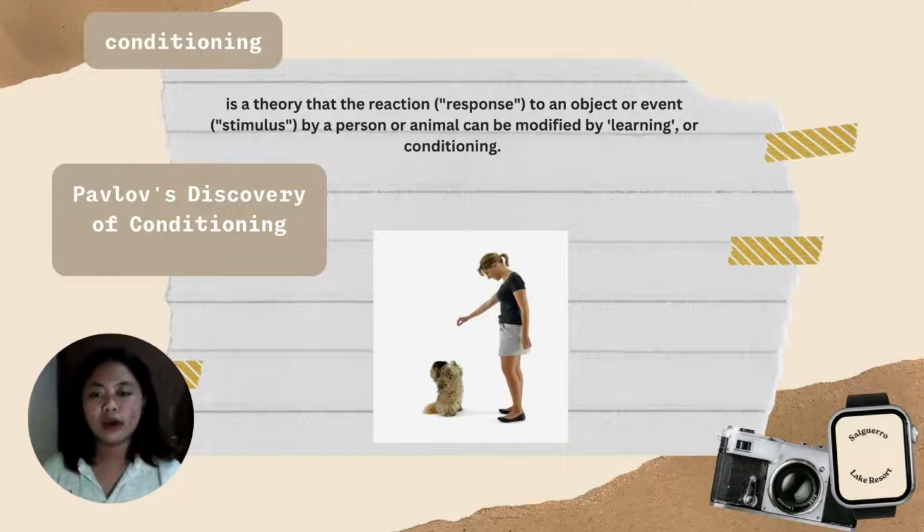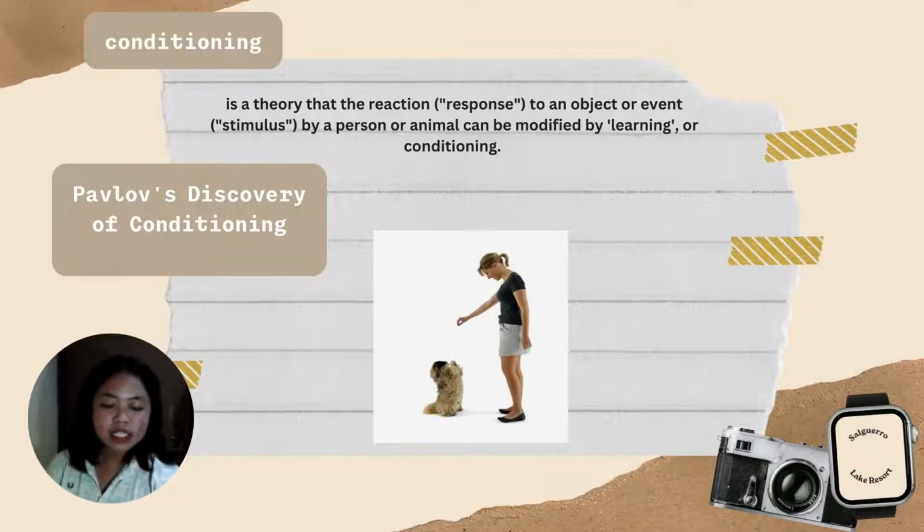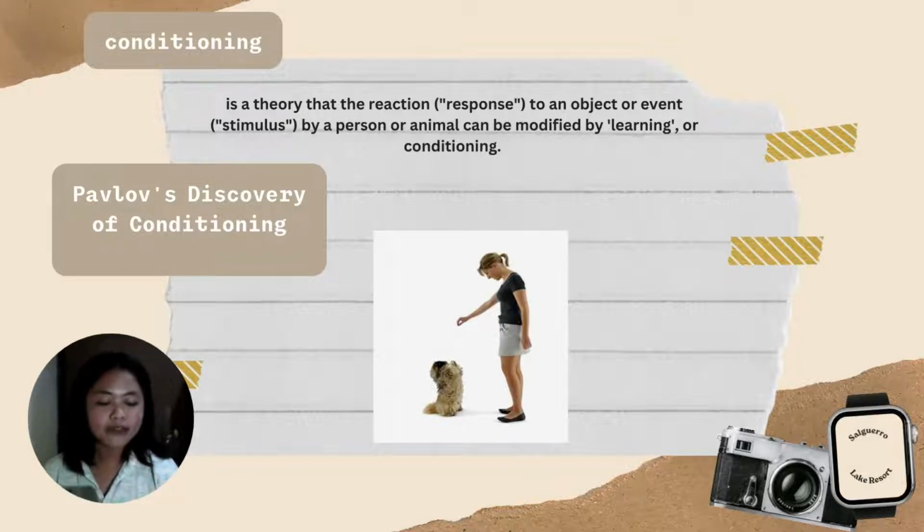So, Pavlov's discovery of conditioning: this mode of learning was demonstrated by the experiment of Ivan Pavlov, who decided to research conditioning after discovering during separate gastric tests that his dog subjects began to salivate not only when meat powder was presented to them, but more significantly when the person feeding them came into proximity with them.